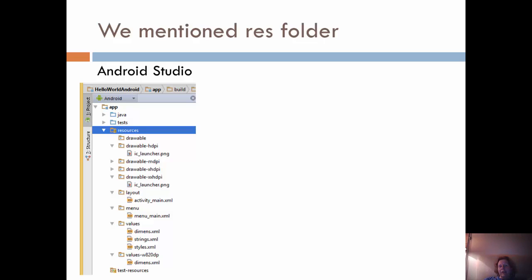And the idea is that here I have, for example, an icon called ic_launcher, which is my little icon that you see on the actual screen that represents the app that you click on as a user. I want to have different resolutions of it because you don't want to have a really small resolution on a big tablet.